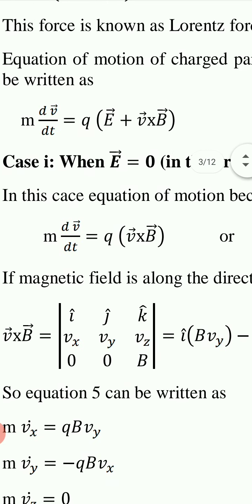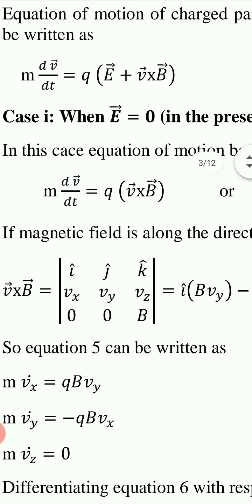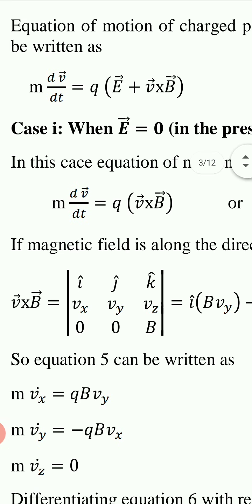The equation of motion of the charged particle can now be written as: m into dv upon dt equal to q into E plus V cross B. Q into E plus V cross B is force F, and when we write the equation of motion, we write this force equal to mass into acceleration.